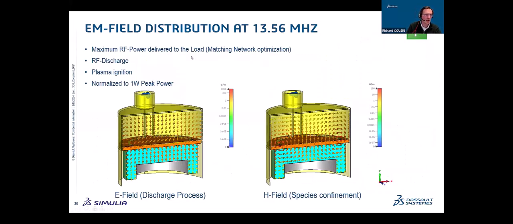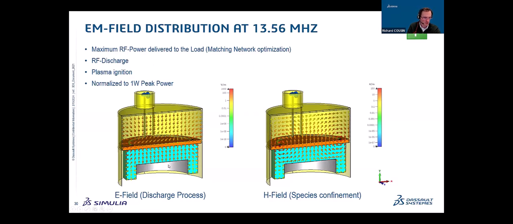Let's now analyze the electromagnetic field distributions for the structure which is now well matched at 13.56 megahertz using our frequency domain solver. And then you see that we can analyze the E-field distribution.